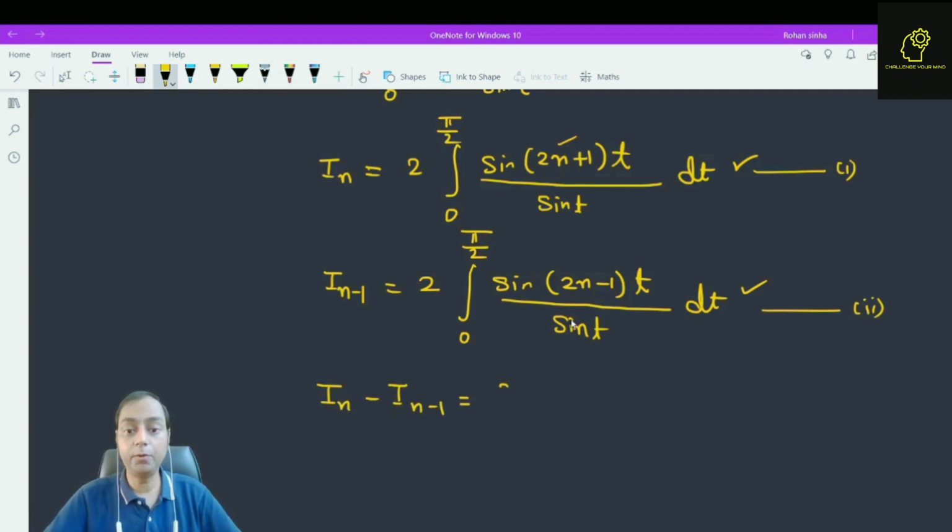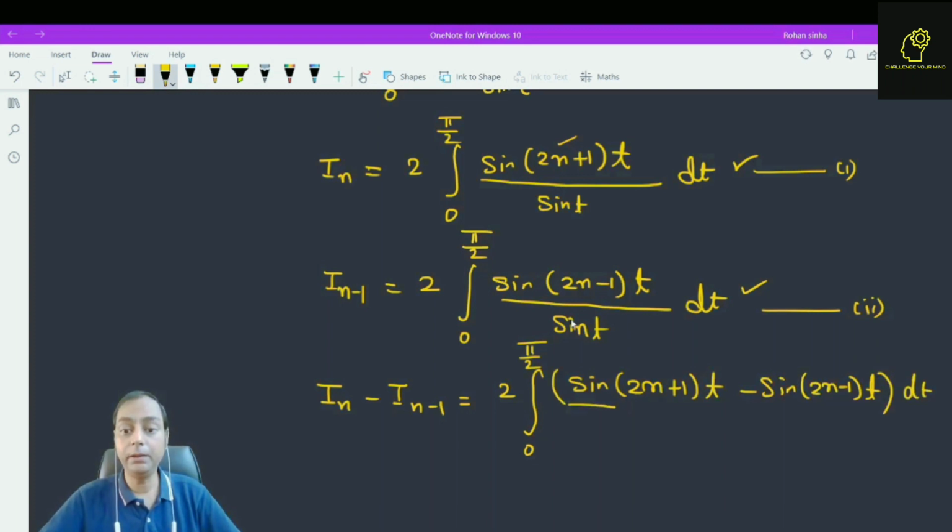If we subtract these two equations, we get the integral from 0 to pi/2 of sin((2n + 1)t) minus sin((2n - 1)t), dt, whole divided by sin t.